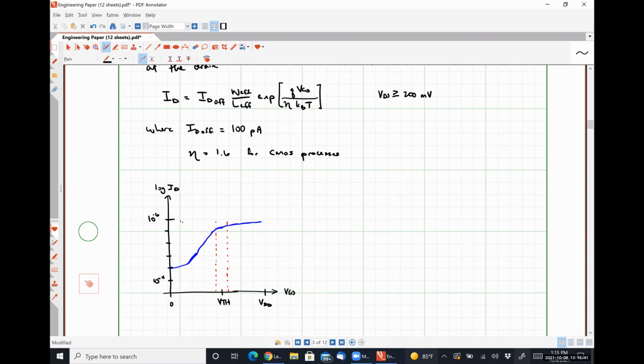Over to the left here, we have weak inversion. Over to the far right here, we have strong inversion. Kind of in the middle here, as a transition, we could call this moderate inversion.